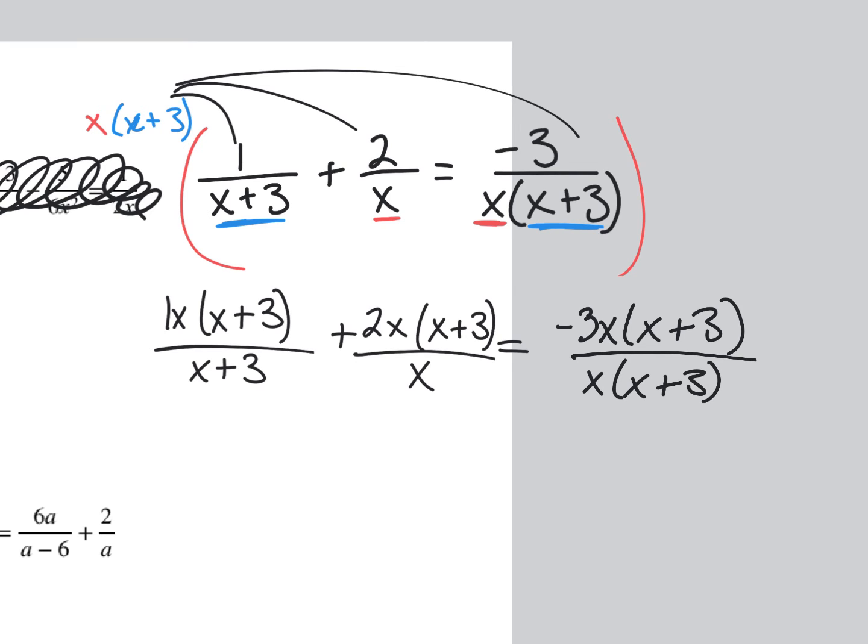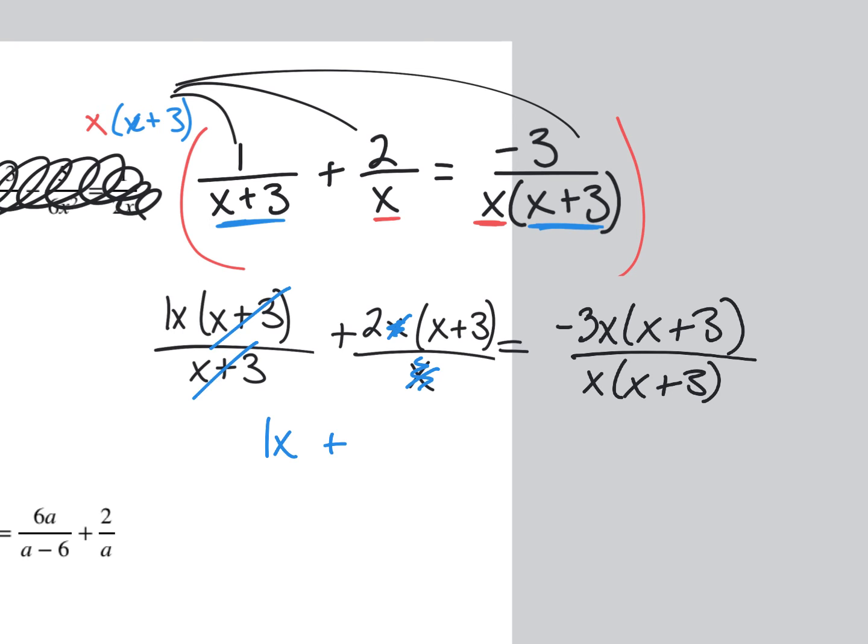Hardest part's done. So I look at my first term. What's going to happen there? And I'm left with 1x. Second term. What's going to cancel for the second term? Yep, just the x. Get rid of just the x.